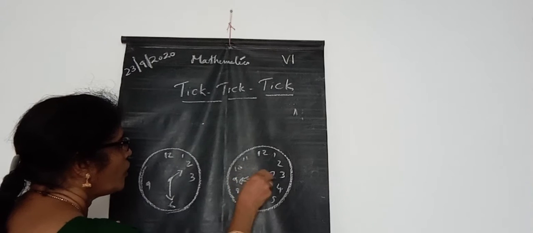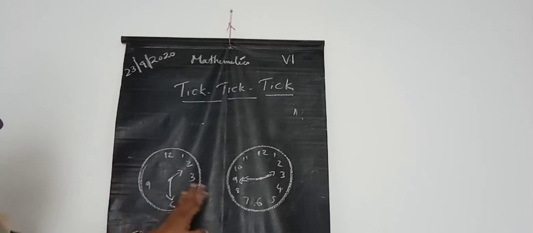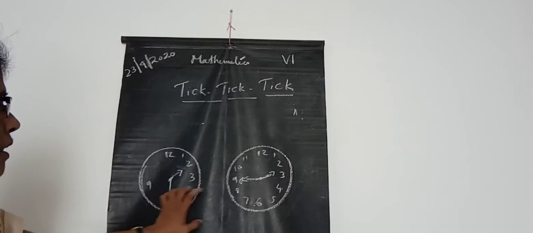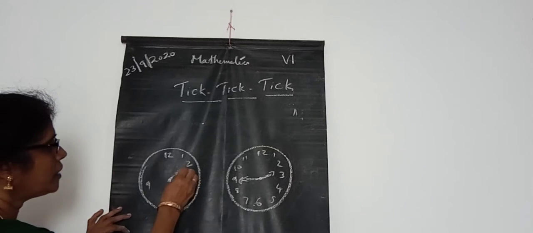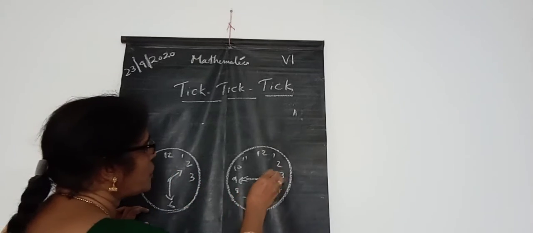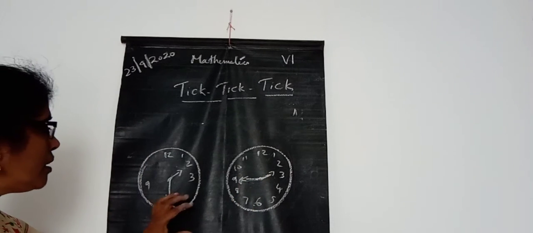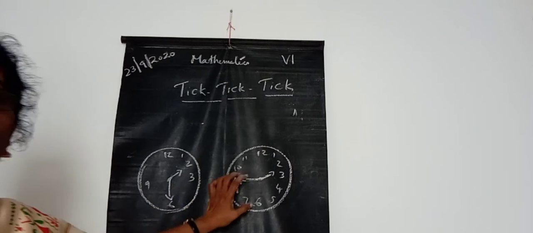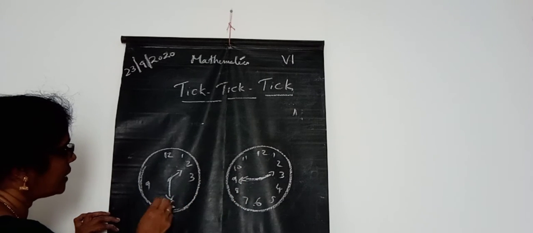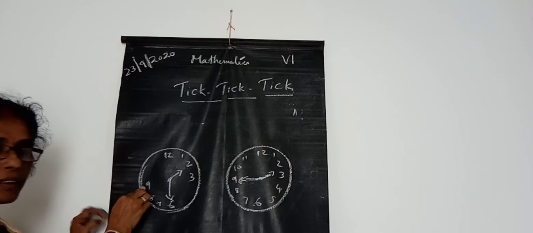Then how much time is taken to reach here? How many minutes from here to here? Here the time is 2:30 and here the time is 2:45. Then you can understand here 6 means that is 30, and 35, 40, 45, isn't it?